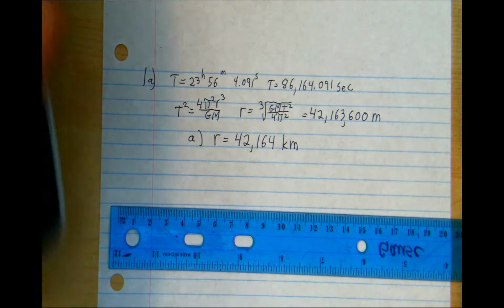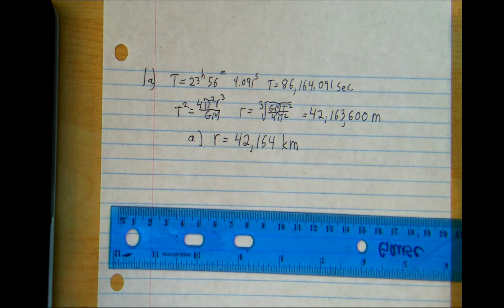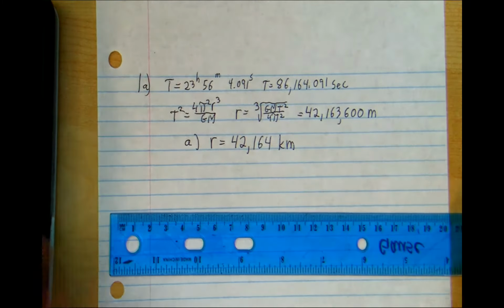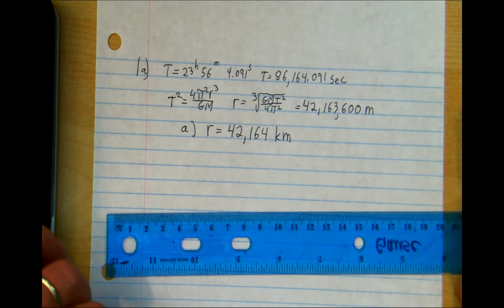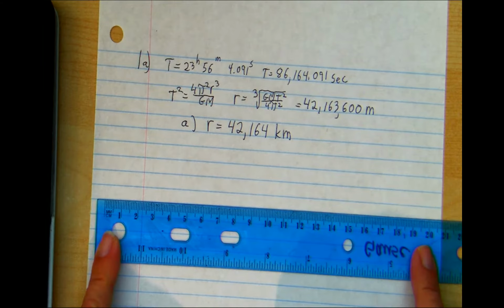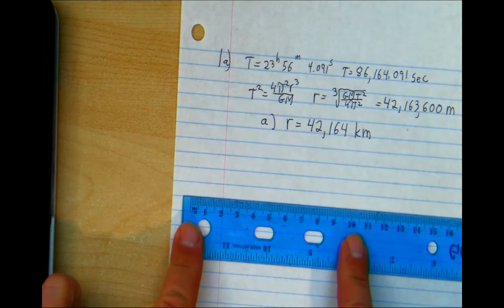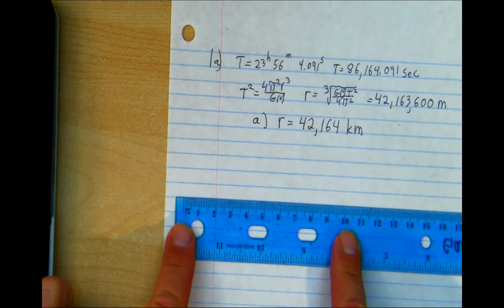So if I divide 42 by 20, that would be like 2,000. Actually, I'm sorry, I'd have to divide it by half of that. If 20 is my maximum diameter in centimeters, then 10 would be my maximum radius in centimeters.